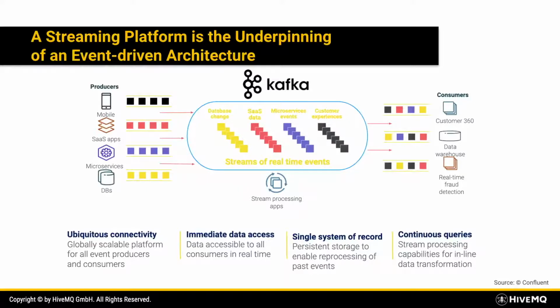You get the chance to have a single system of record where all your event data passes through, and you can really run all kinds of processing operations like real-time queries already on the data. Our colleagues from Kafka like to call it the central nervous system of events in your operations.